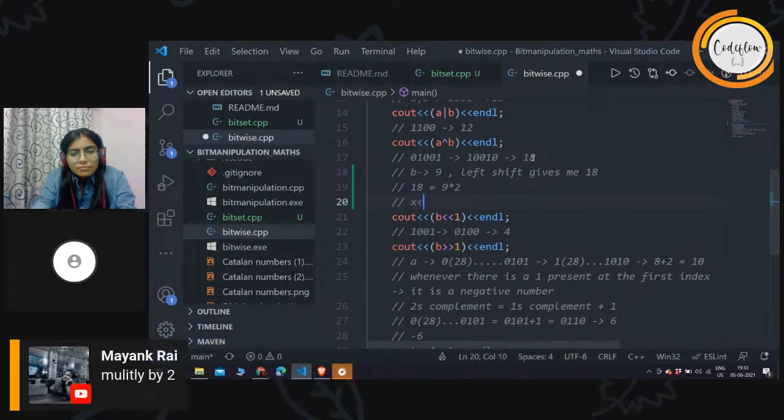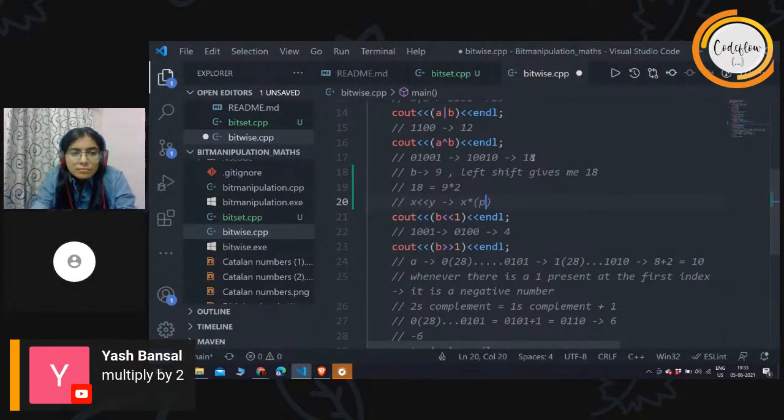If I write x left shift y, it means I have to multiply x with 2 to the power y. Meaning whatever number x is, you multiply it by 2 to the power y. x is your first operand, the one beside the left shift, and y is the operand to the right of the left shift.